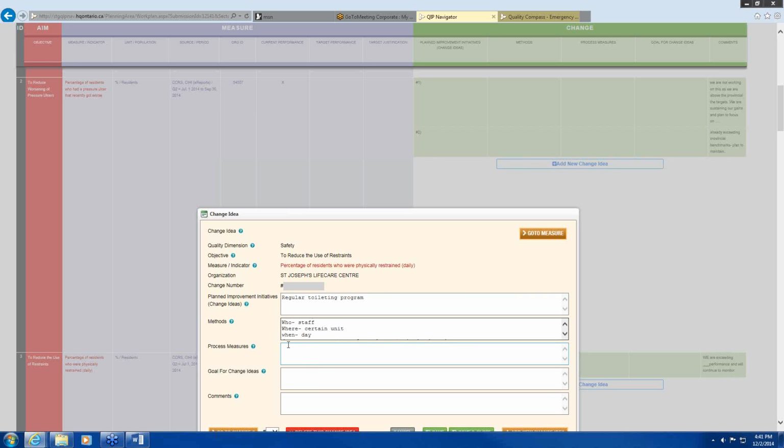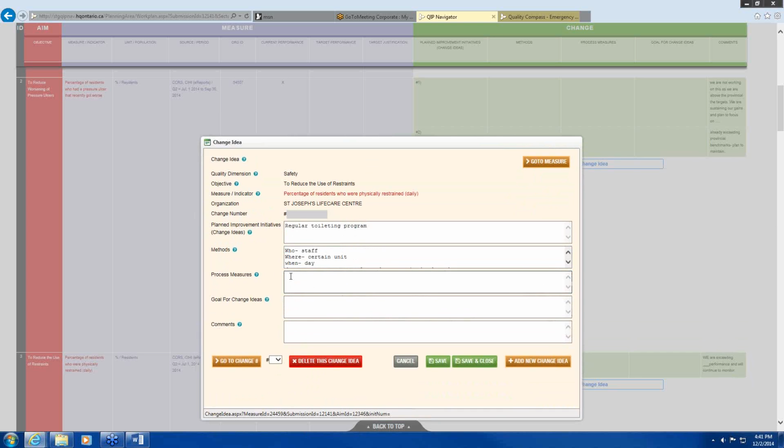So as far as this process measure, it could be a training program. So maybe the first step is training staff on a regular program. So the process measure may be number of staff trained on whatever the program is by December.